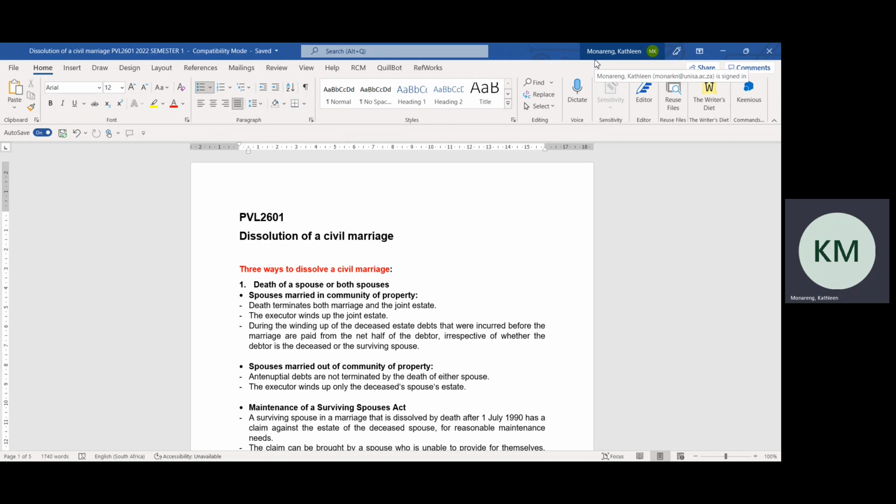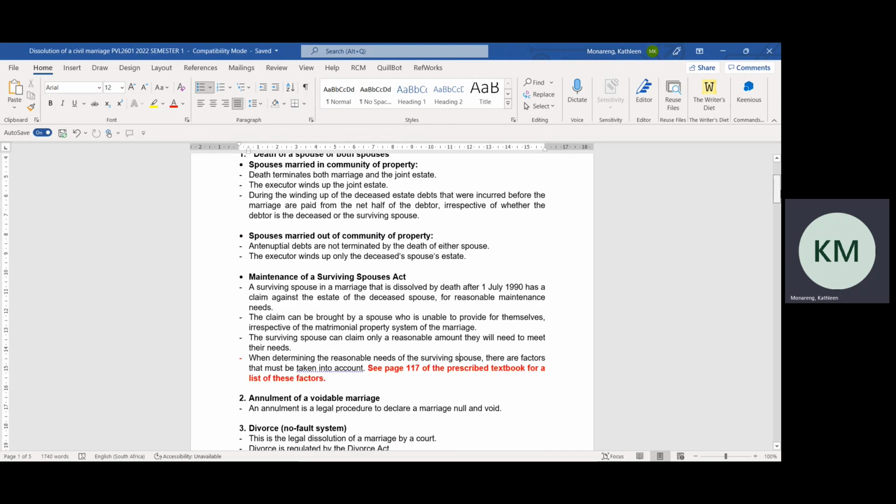And when it comes to spouses who are married out of community of property, the antenuptial debts, the debts that were made before they entered into a marriage, are not terminated by the death of the spouse. Also, for spouses married in community of property, the executor is going to wind up the whole joint estate, while for spouses married out of community of property, the executor is only going to wind up the estate of the deceased spouse.